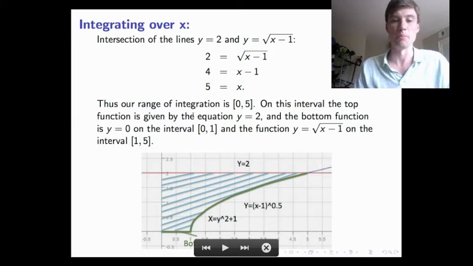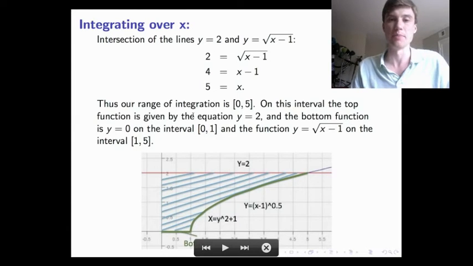So our bottom function is defined piecewise, and on the interval from 0 to 1 it's defined by y equals 0, and on the interval from 1 to 5 it's defined by the equation y equals (x minus 1) to the 1/2.